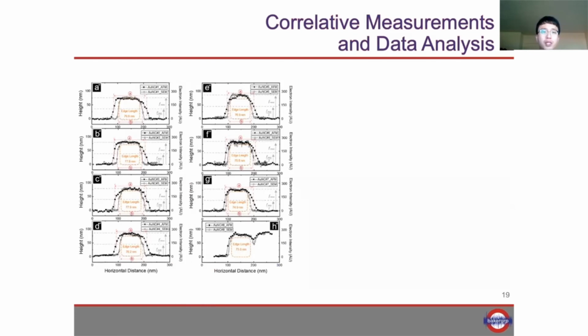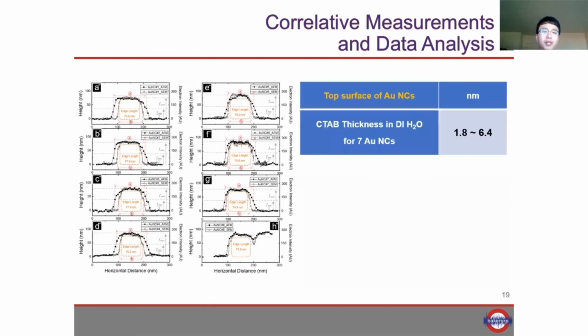The same correlative measurement and data analysis were carried out for a total of 8 individual gold nanocubes. This result shows the presence of heterogeneity in CTAB layer thickness well. The CTAB thickness variation at the top surface under hydrated conditions is in the range of 1.8 to 6.4 nanometer.